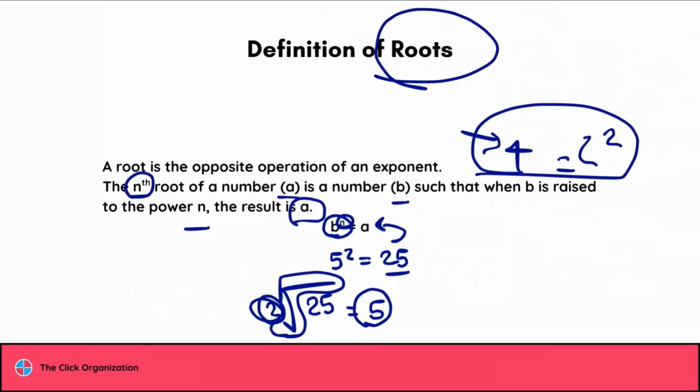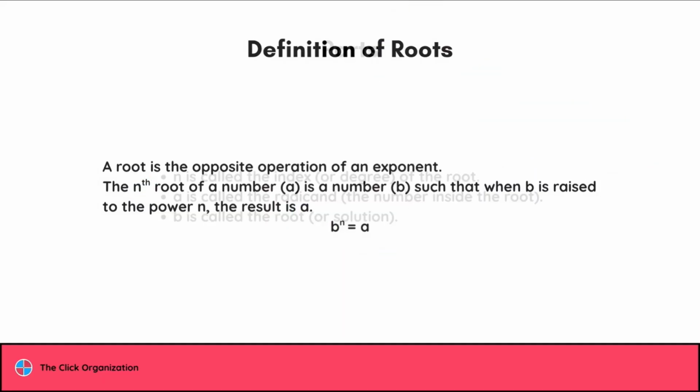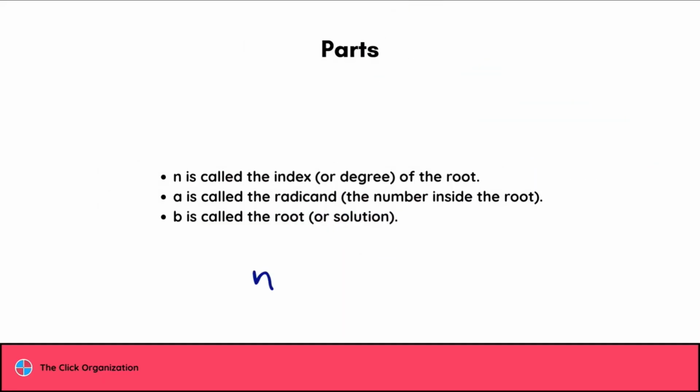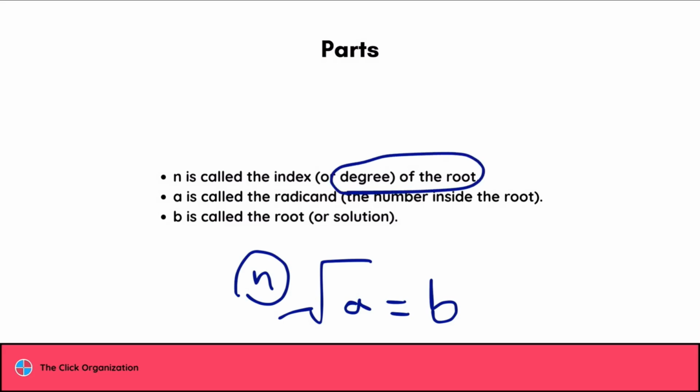But what are these parts called? This is the formula: the n-th root of a is equal to b. I'm calling them n, a, b, but these are their actual names. n is called the degree of the root, or index of the root, but it's normally called the degree. a is called the radicand, which is the number inside the root.